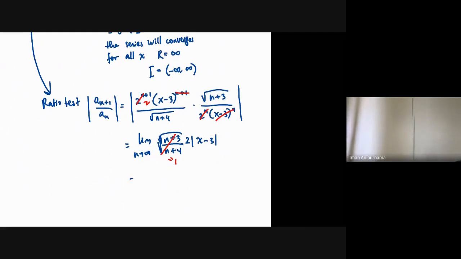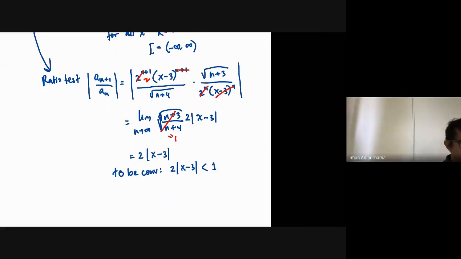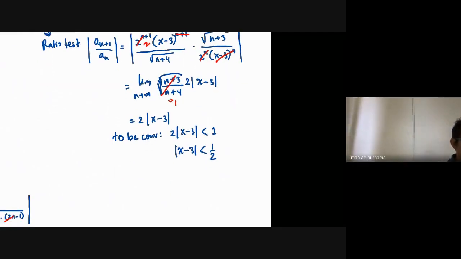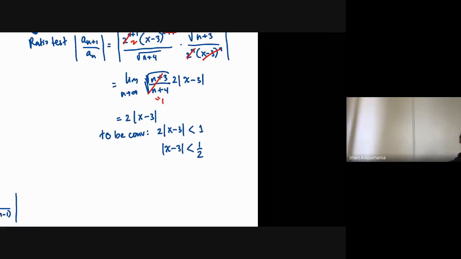So it will be resulting 2, and then x minus 3. And to be converged, this should be less than 1, or this should be less than half. So we can write that the radius r is half, from here.